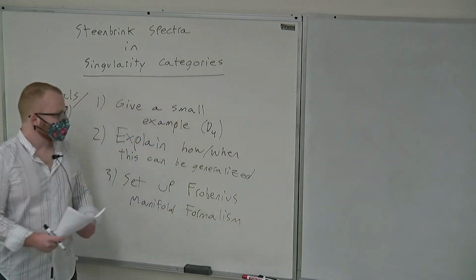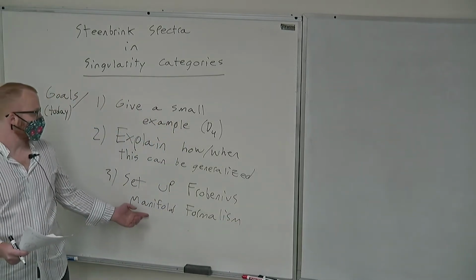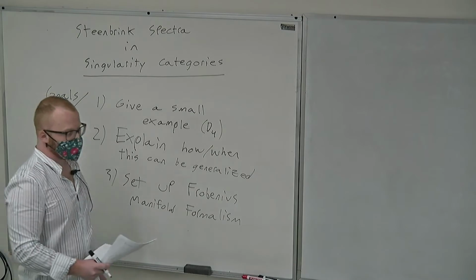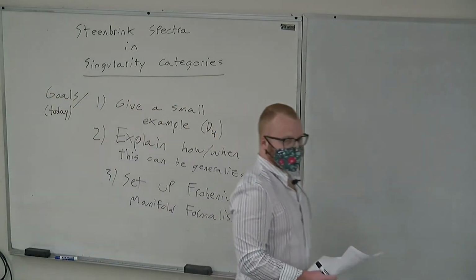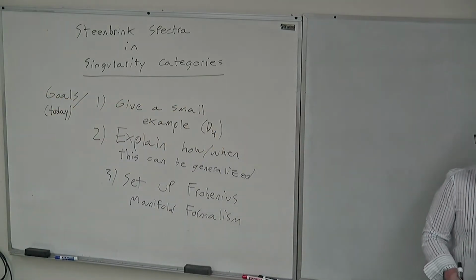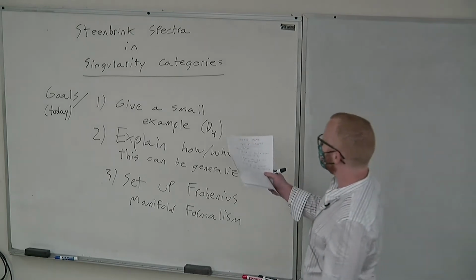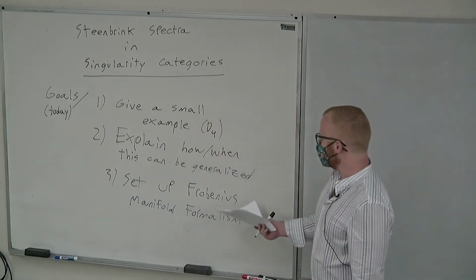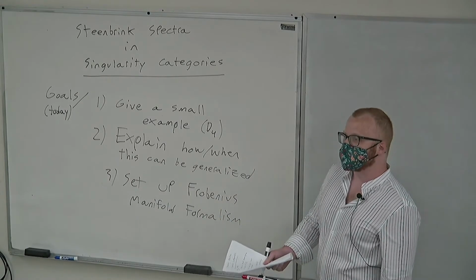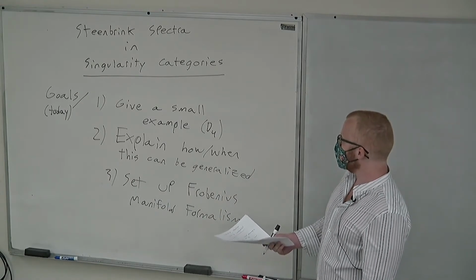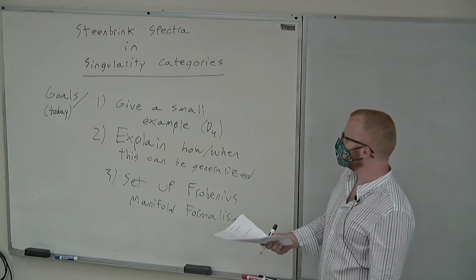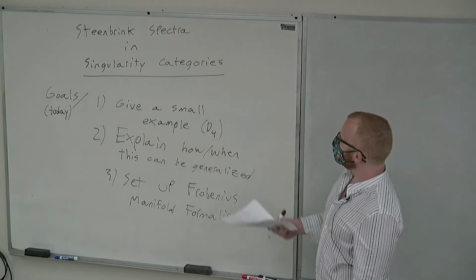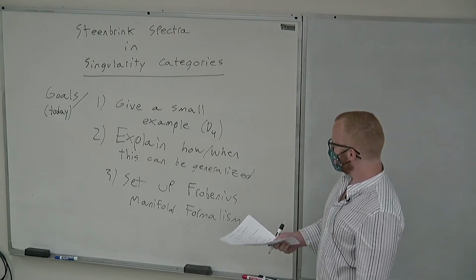So the Frobenius manifold formalism has to be set up because at least all the places I can see where you see this Steenbrink spectrum in singularity categories, they're all mediated by this Frobenius manifold. And so next week, maybe I'll talk a little bit about non-commutative Hodge structures and where we get the Steenbrink spectra in those.